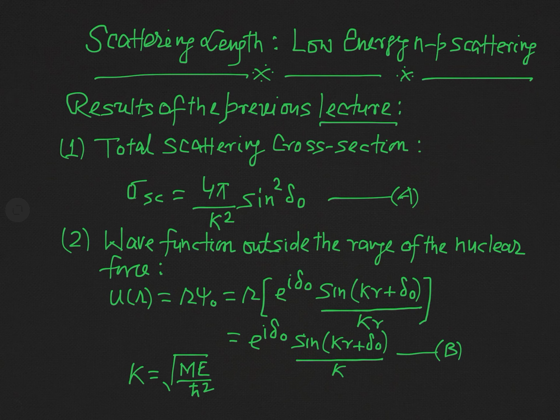In the previous lecture, as I have mentioned, we have already discussed the low energy NP scattering, and you have seen that in that condition the scattering was S wave scattering. Now let us introduce the idea of the scattering length, which was introduced by two scientists, Fermi and Marshall.